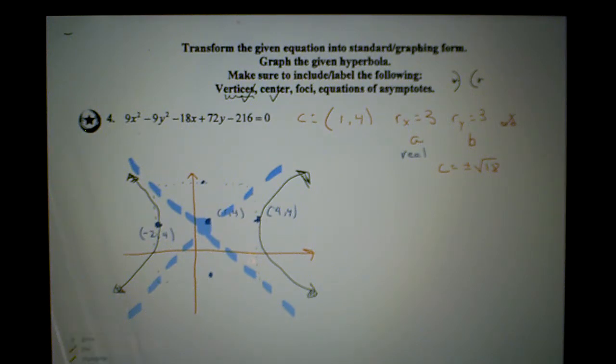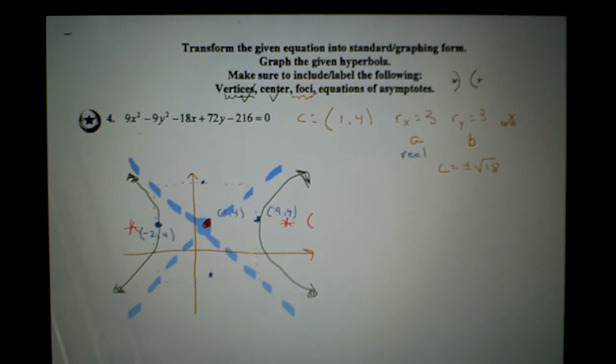But I do need you to still add your foci and the equations of the asymptotes. So let me tell you one of the number one mistakes with foci. People will remember that they are in the right soup spoon here. But when they label the foci, they know they need to add this root 18, but they tend to add it sometimes to the vertex coordinate. No, no, no, no, no. C, remember, is a distance from the center.